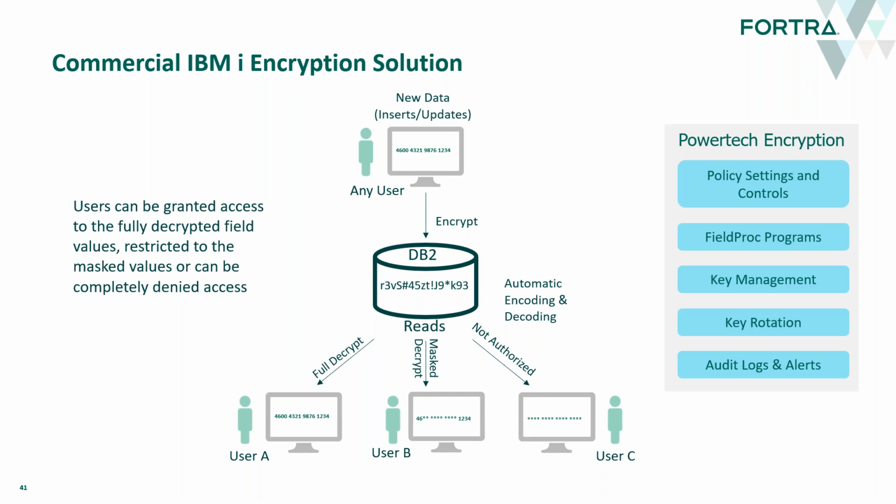And being able to determine when that data is read, who should be able to see it. Remember, that data has been classified. You know that it's restricted. How are you going to ensure that only those authorized users can see that restricted data? So that's where the commercial solution is going to provide you with that ability.